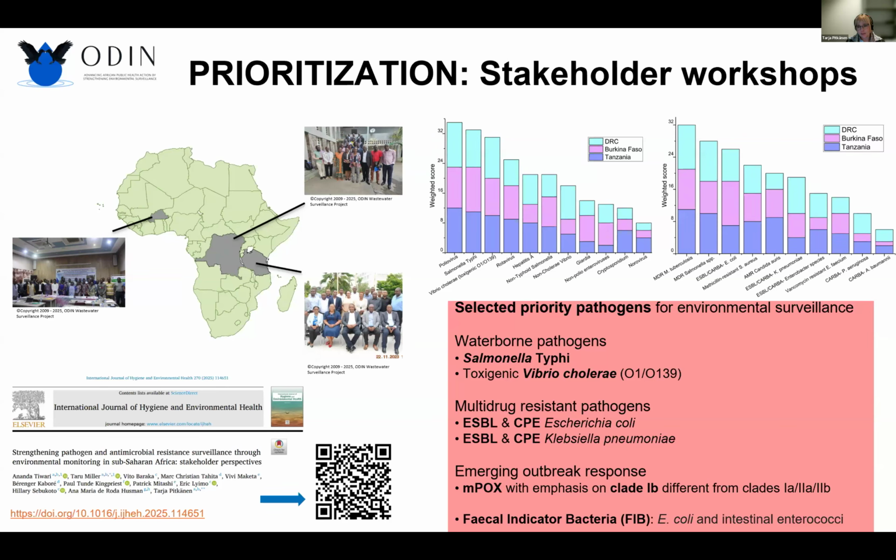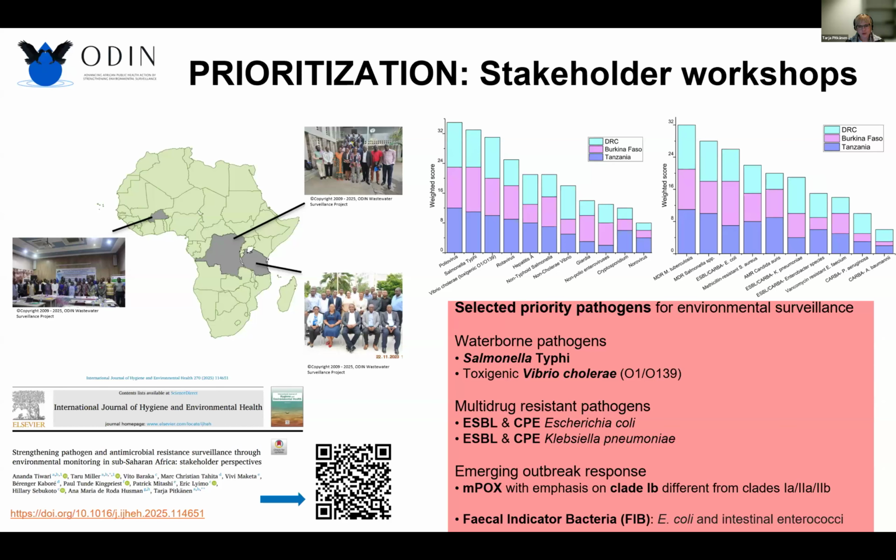And then after the emergence of clade 1b, we also incorporated mpox as an outbreak response in our environmental sampling protocol, and we emphasize differentiating clade 1b from other mpox clades.